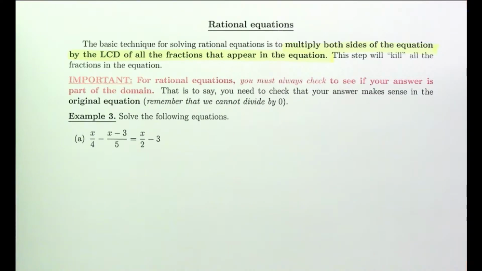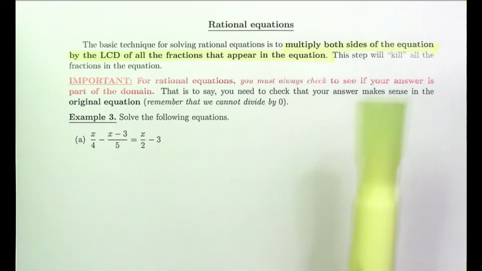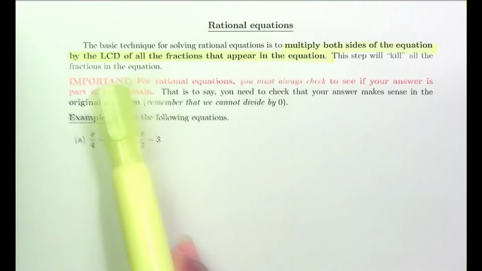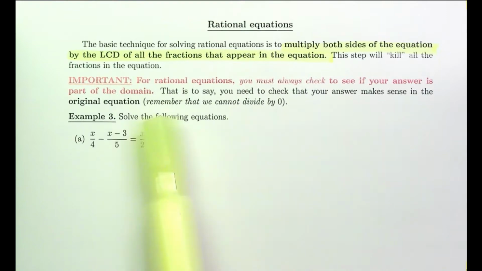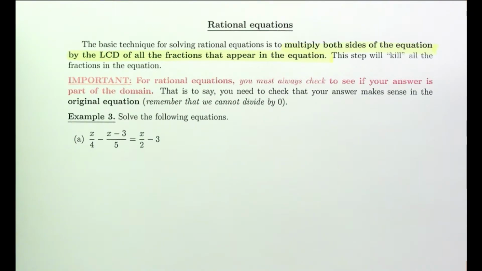There is one more thing though that is important when solving rational equations, and it is that we must always check to see if our answer is part of the domain. What that means is that we have to check that we can actually plug in the answer in the original equation, so the answer makes sense in the original equation.